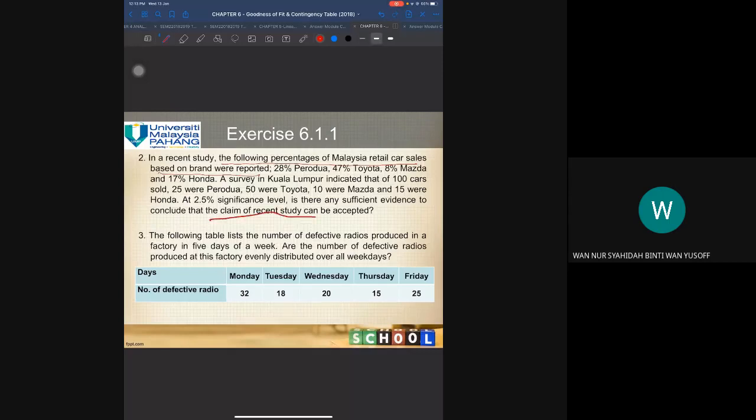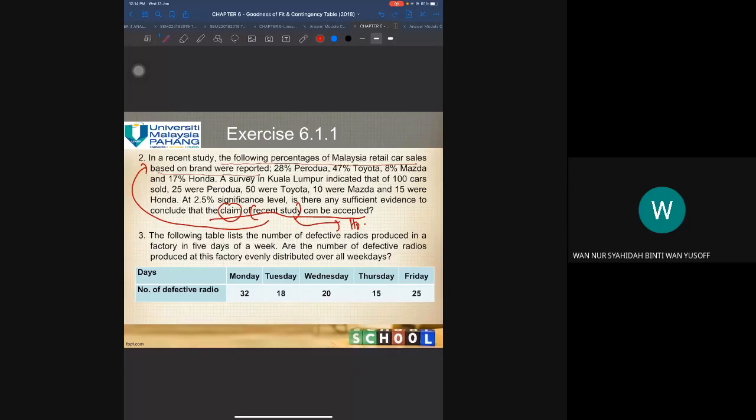So what is the claim? The recent study is your H-naught, because H-naught is always about the claim of your data.